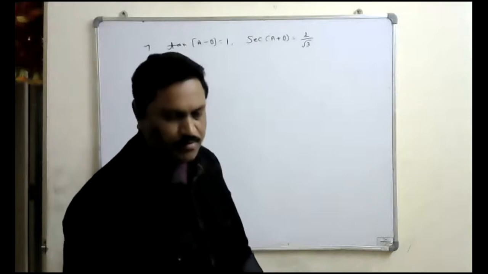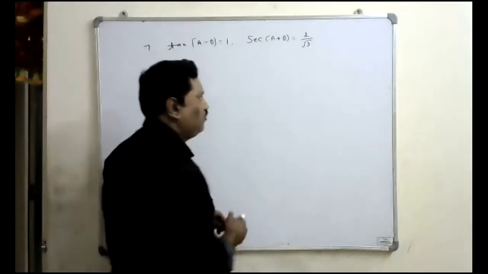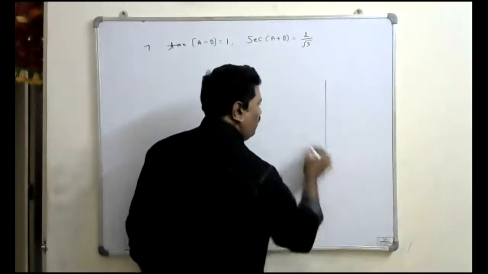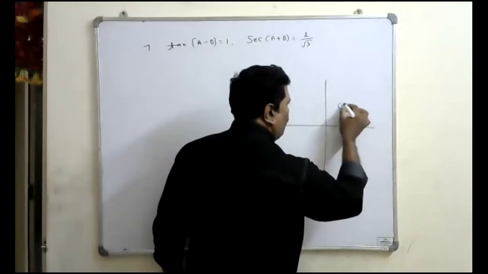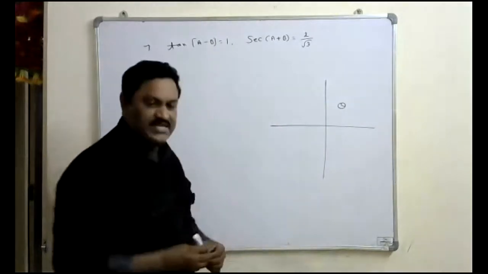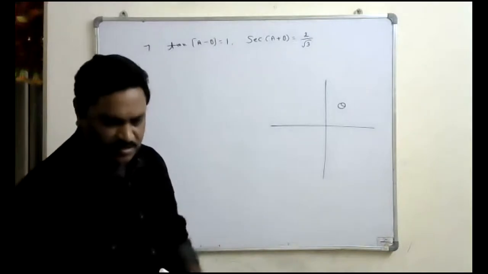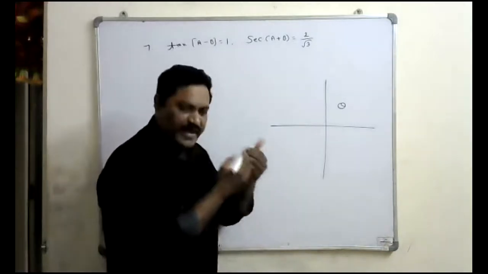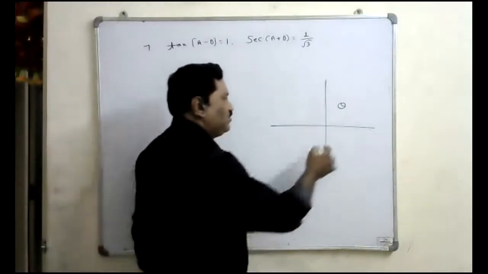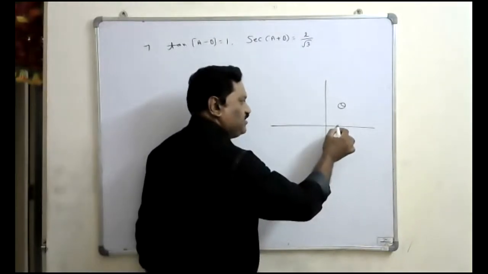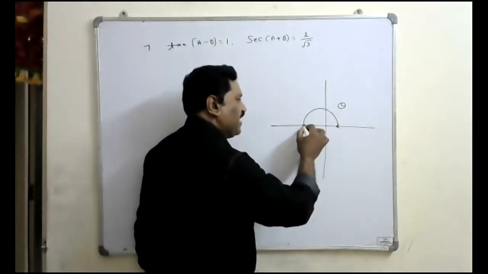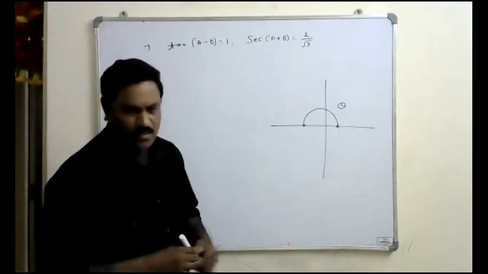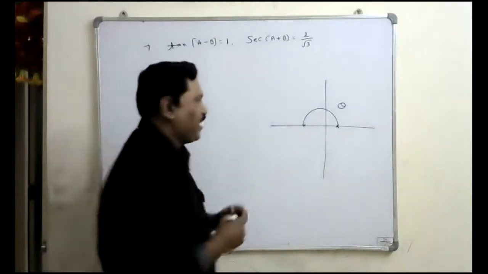First and third. So for taking the angle, if it is in the first quadrant, directly take that angle as theta, which is an acute angle. If I want to take the angle in the second quadrant, because this is 0 and up to here, what is this angle? 180. That is pi.